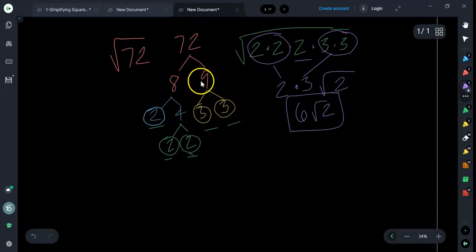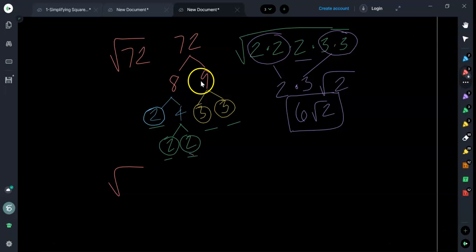But let's go even further, and let's look at one more example. Let's look at the square root of 100. Okay, so let's factor 100.